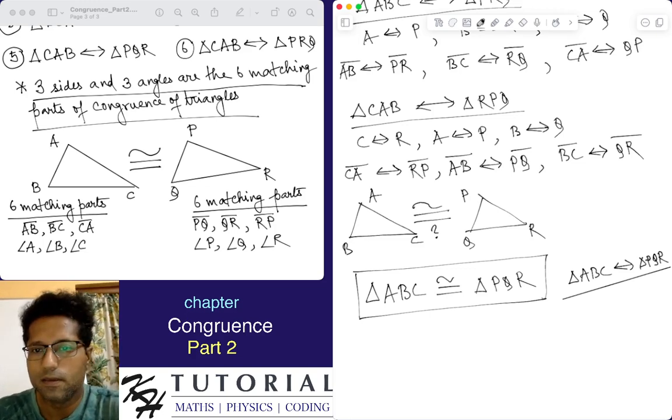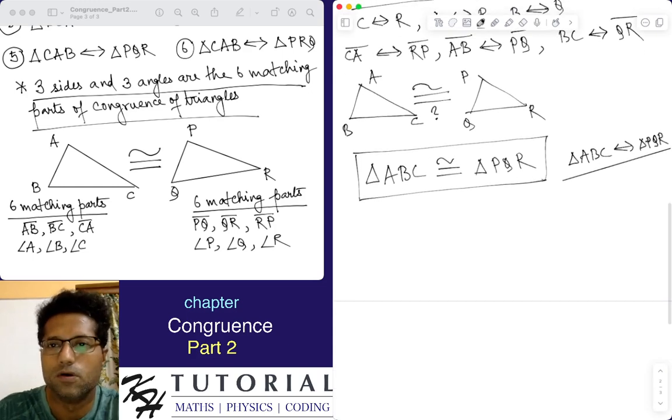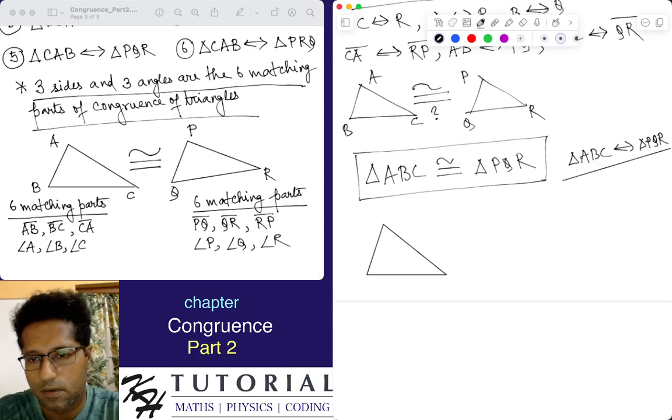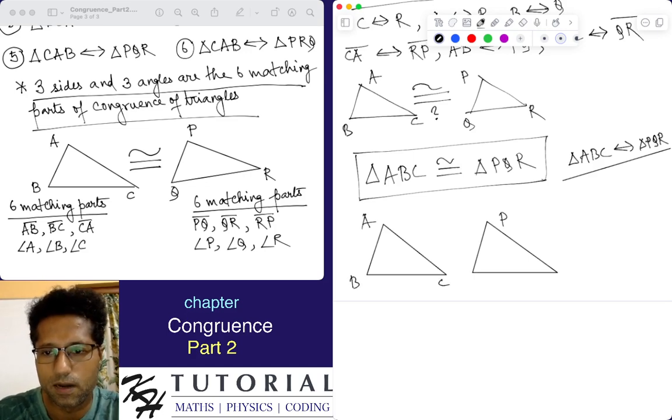Now, why is that matching required to verify the congruency of two triangles? Because eventually, let's say I have two triangles ABC and PQR.